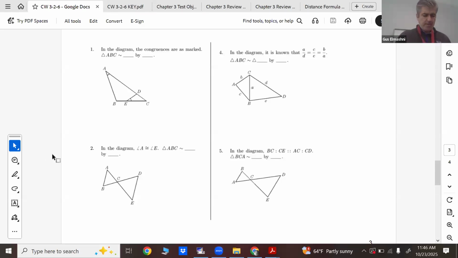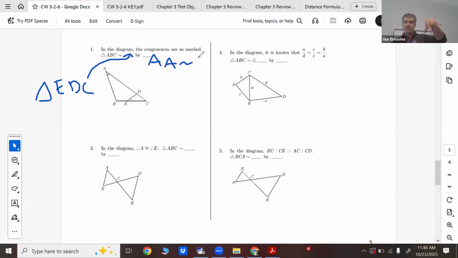So ABC, EDC. Yes, good. Excellent, because A goes with E. Okay, so A goes with E, and apparently C is shared, so B's got to go with D. Okay, keep going. Try the other ones.